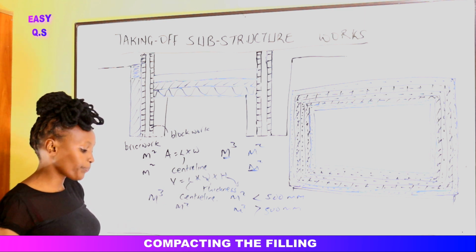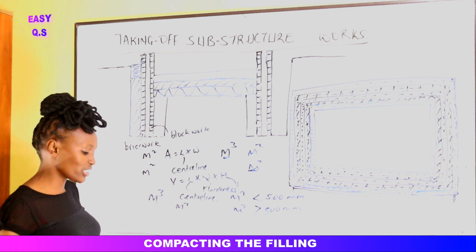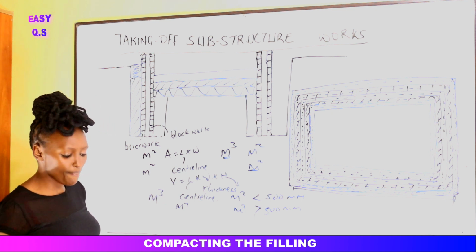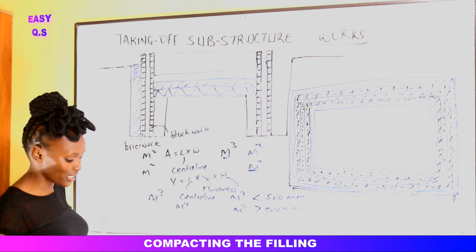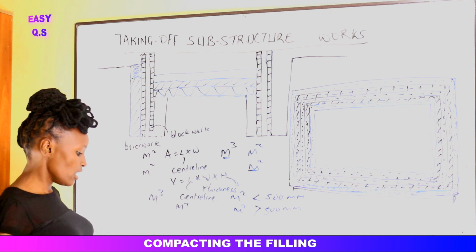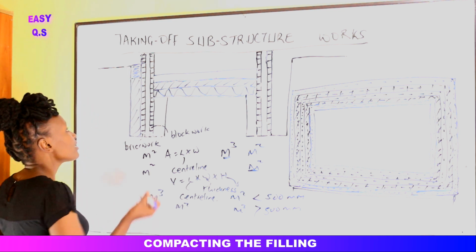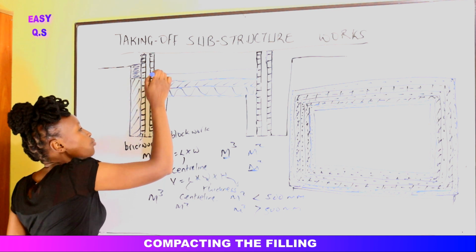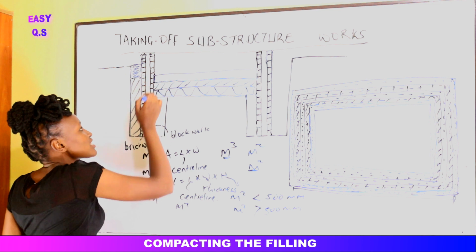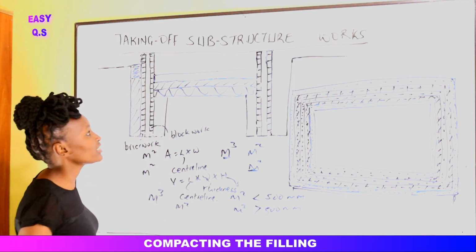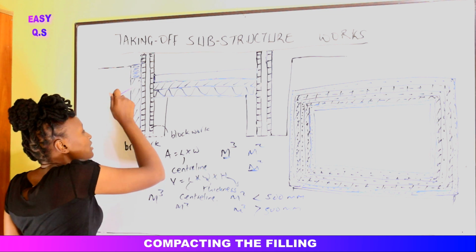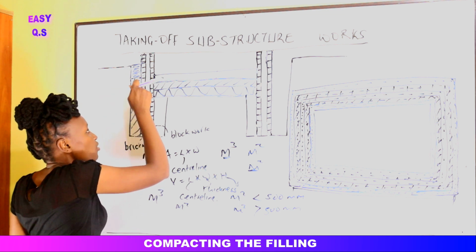Okay, so after the concrete bed, now we need to do something called the DPM abutment to walls. What we are talking about with the DPM abutment is that we shall need to put a damp proof membrane on the sides where we shall have the concrete, where we have the wall, so that water doesn't come in through the outside to the concrete.